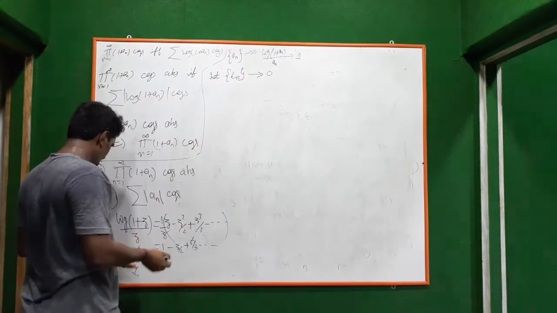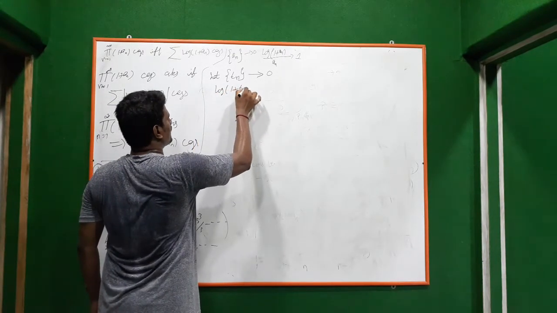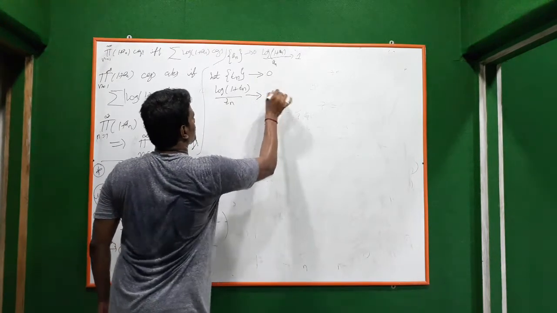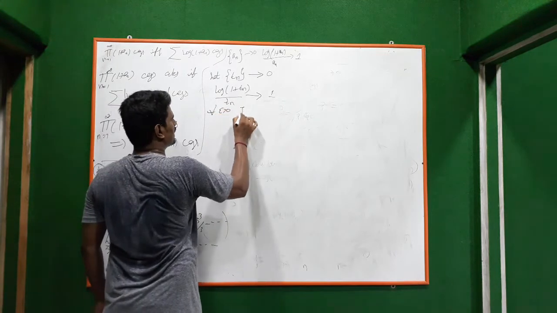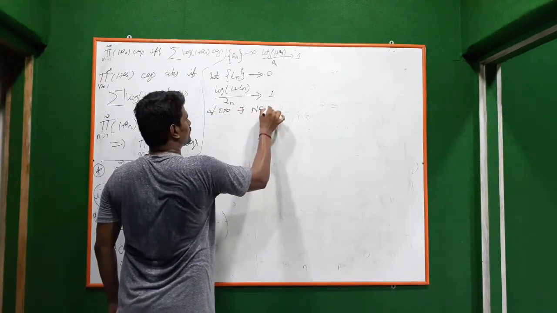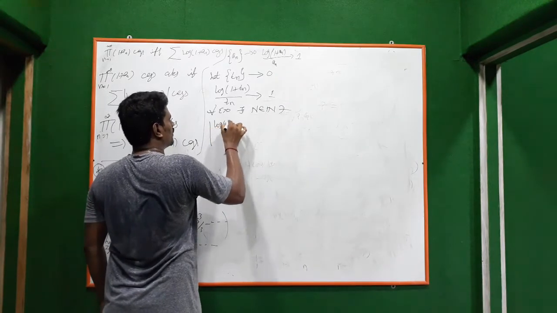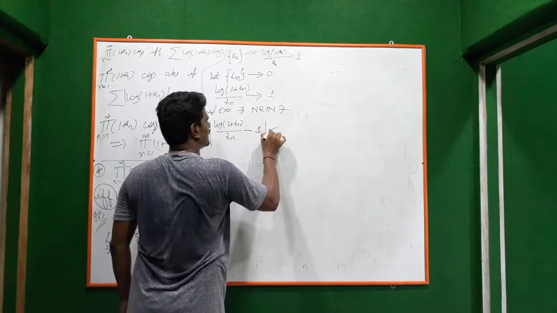Then what we have? Log 1 plus t_n by t_n is converging to 1. So this converges to 1 means what? For any epsilon greater than 0, there is a stage n such that modulus of log 1 plus t_n by t_n minus 1 is less than epsilon.